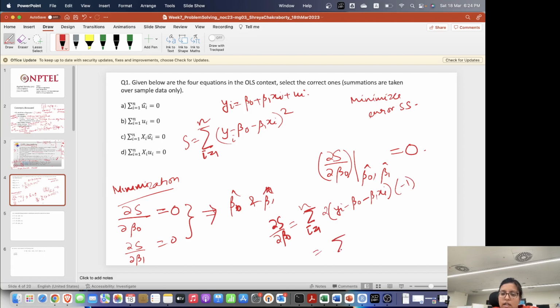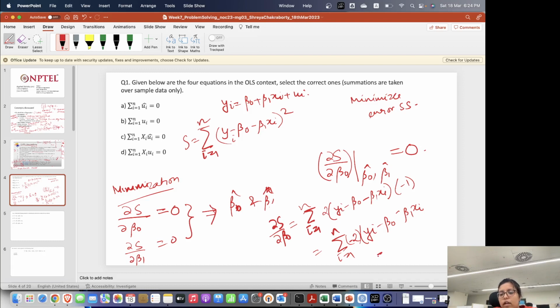Which is essentially the same as summation i equal to 1 to n, minus 2 times yi minus beta naught minus beta 1 xi. So now if we put beta naught hat and beta 1 hat in this equation, we would again get 0, because that is how we derived it in the first place, right?